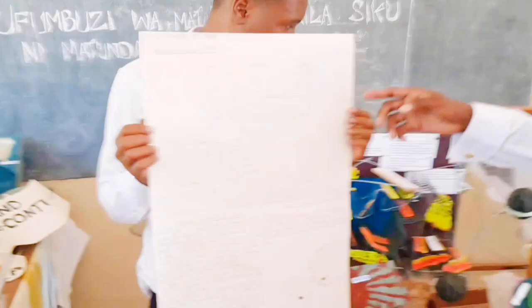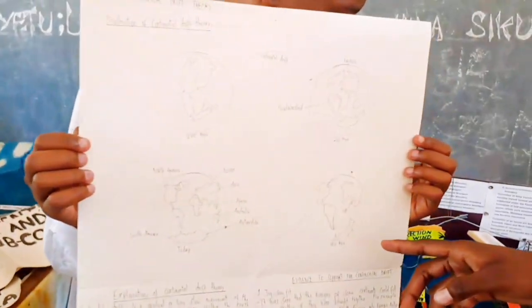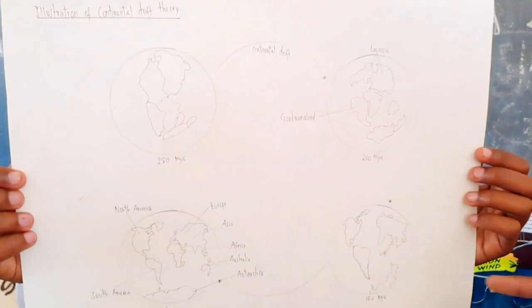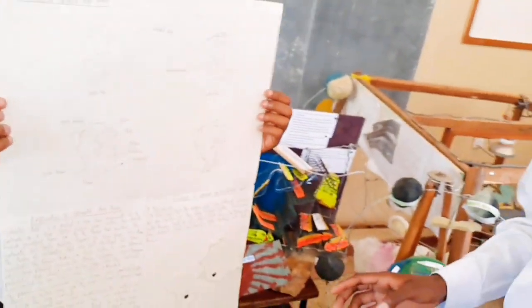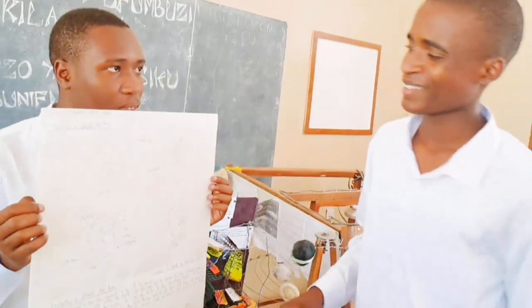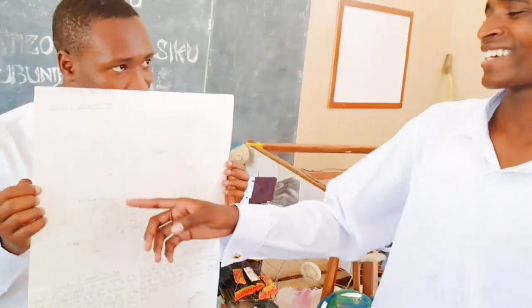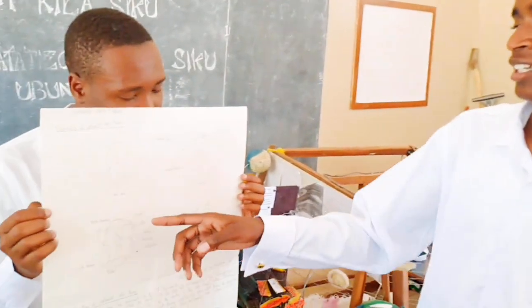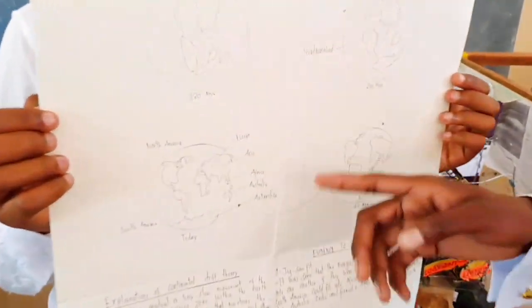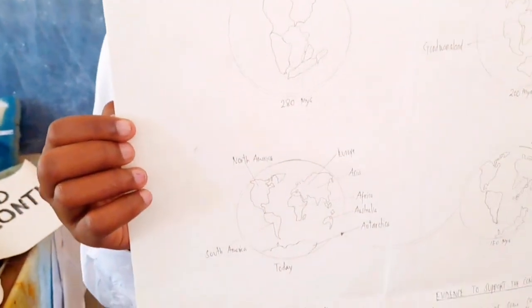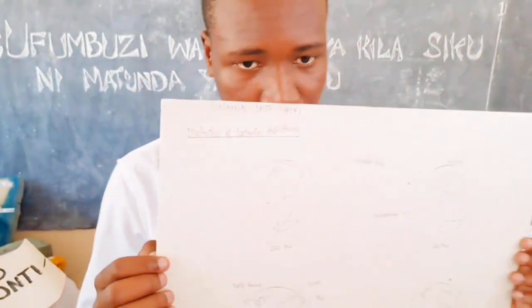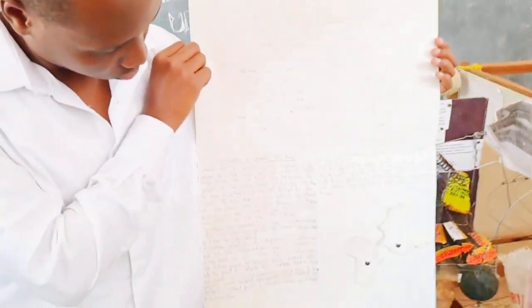And after about 150 years, due to the separation, today there are continents like North America, Europe, Asia, Africa, Australia, Antarctica, and South America. That is because of different forces that led to the formation of different continents.